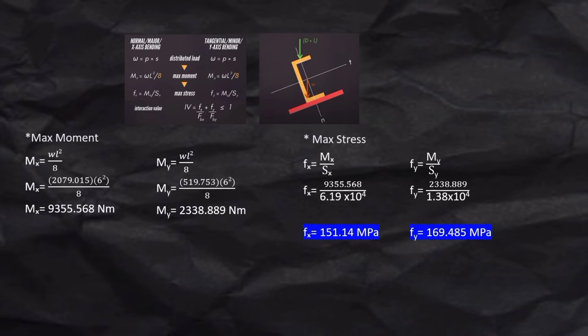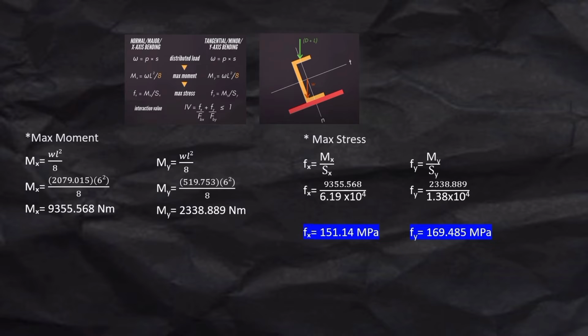Mx ang nakuha natin dyan is 9,355.568. And sa My naman is 519.753 times 6 squared over 8. At ang nakuha natin dyan ay 2,338.889 Newton meter.